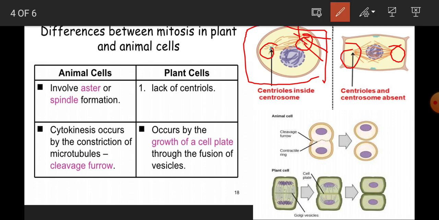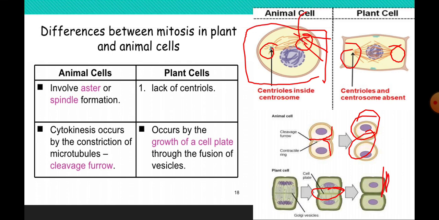So you can see in the animal cell there is just a furrow, and the plasma membrane fuses, and two cells arise. But in the plant cell, the cell plate forms for cell wall synthesis. These are the two major differences between mitosis in plant and animal cells.